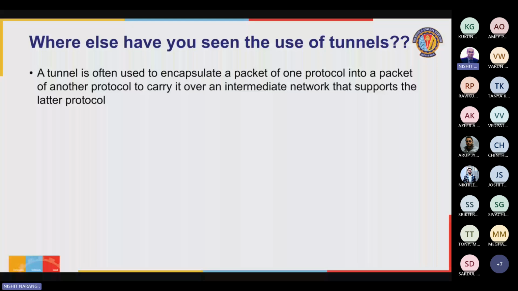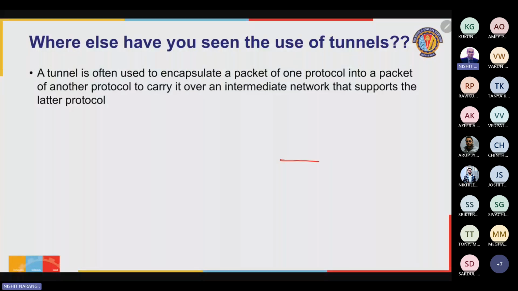It's a method to take a packet of any protocol and encapsulate it into a packet of another protocol in order to allow the first protocol to be carried over a network that supports the latter protocol. Okay?